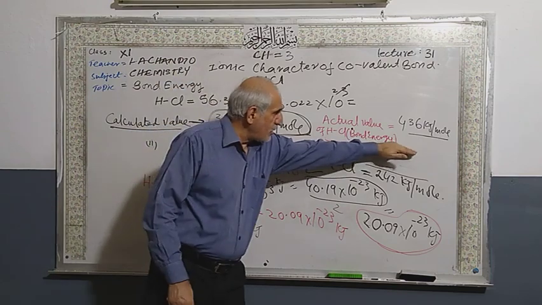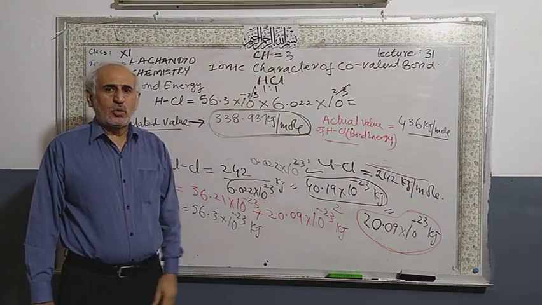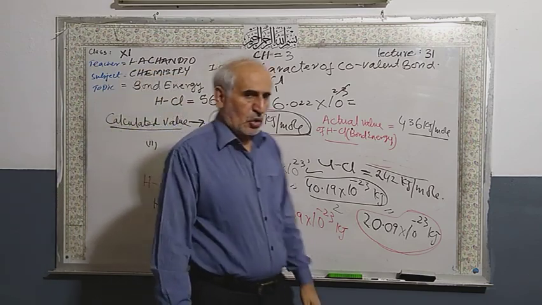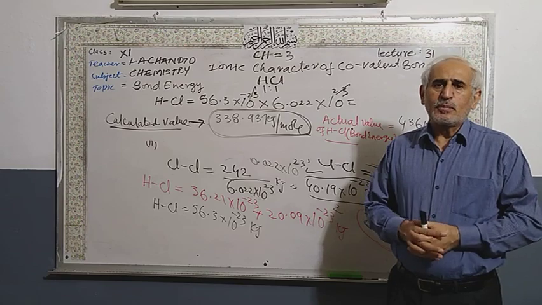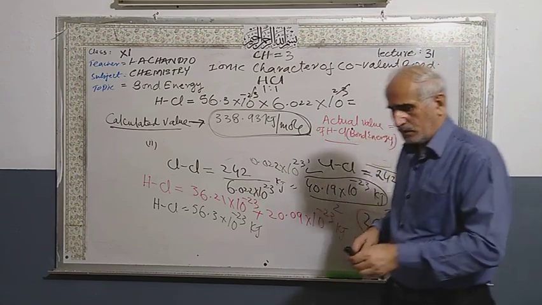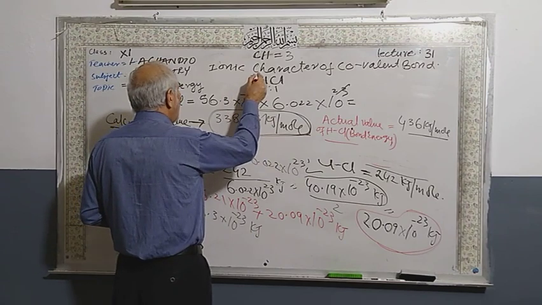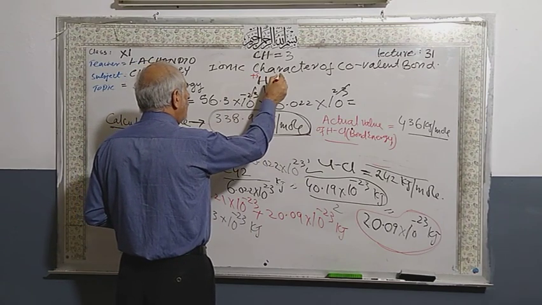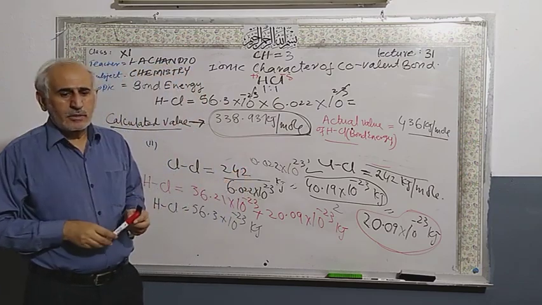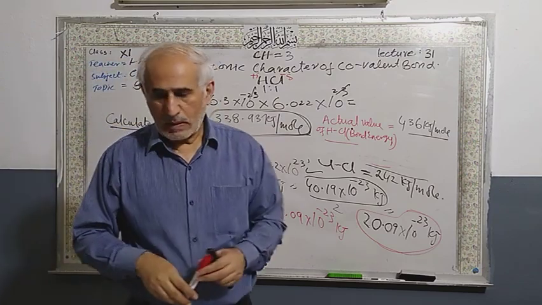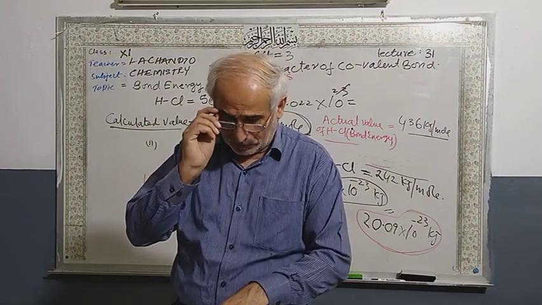This difference of two energies of the same molecule shows that there is ionic character, meaning hydrogen has a partial positive and chlorine has a partial negative charge. So this difference is significant.